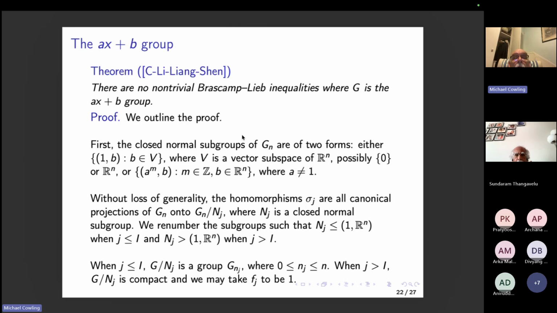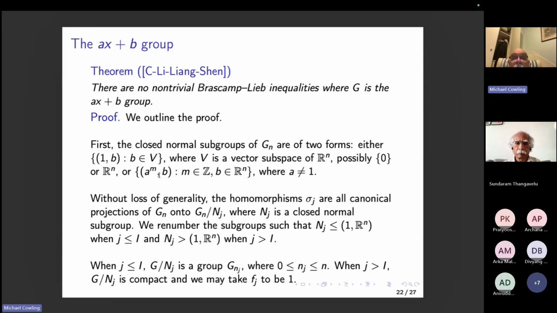So we have to know what the closed normal subgroups of the AX plus B group Gn are, and it turns out, by a similar kind of argument to the one that we had, that either they're of the form where there are elements A, B, where A is equal to 1 and B is in some vector subspace of Rn, and these are normal subgroups of the affine group.